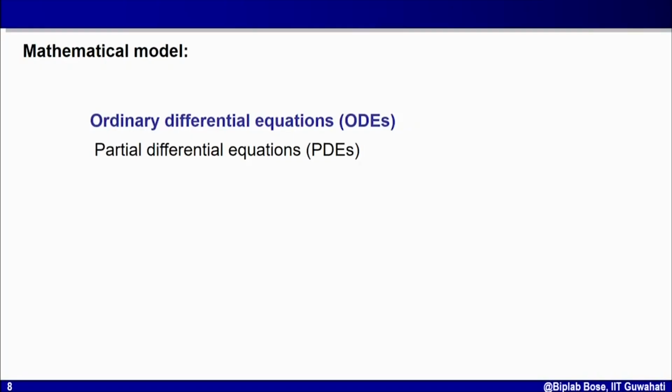Sometimes, in some dynamical models, we have to use partial differential equations. Partial differential equations are used when you have more than one independent variable.